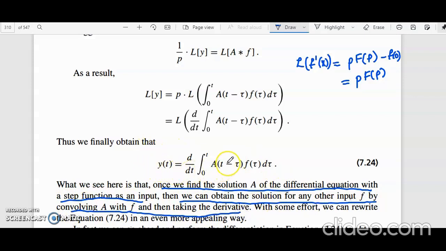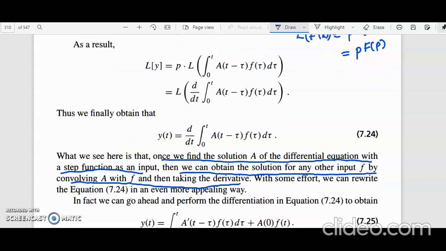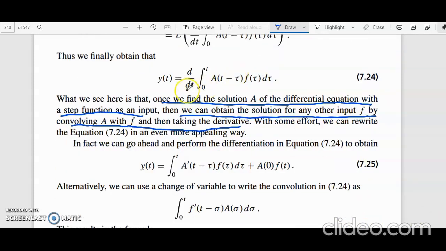So find out a. Therefore y of t will be given by taking the derivative of the convolution integral. So y will be equal to d by dt of integral 0 to t a of t minus tau f of tau d tau.